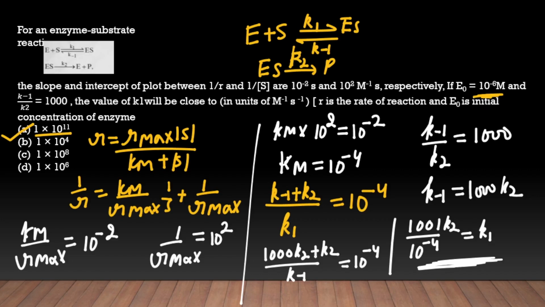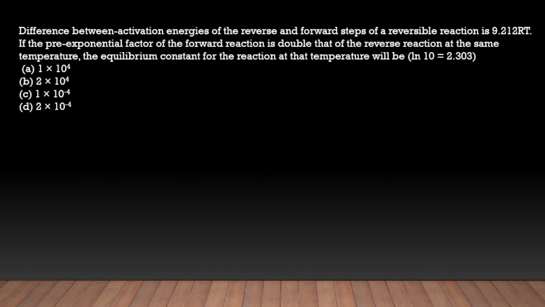Okay. Next is this question. It says the difference between the activation energies for the reverse and the forward step of the reversible reaction is this much. Okay. If the pre-exponential factor of the forward reaction is double that of the reverse reaction at the same temperature, the equilibrium constant.